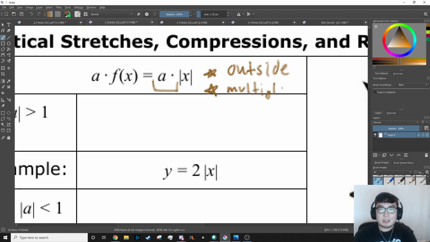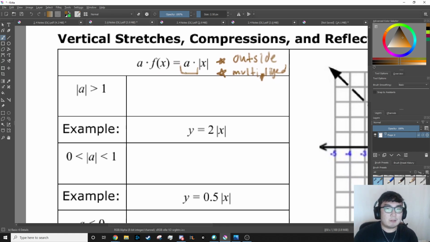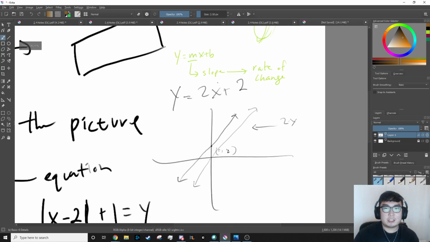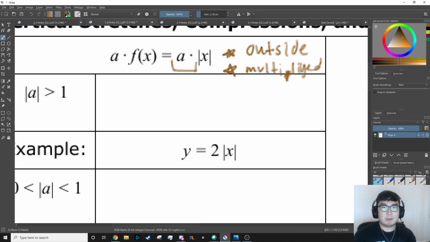That's very similar to this. Isn't my slope being multiplied by my variable here? Yes. So the same thing applies here. My slope is being multiplied and it's outside of my absolute value.